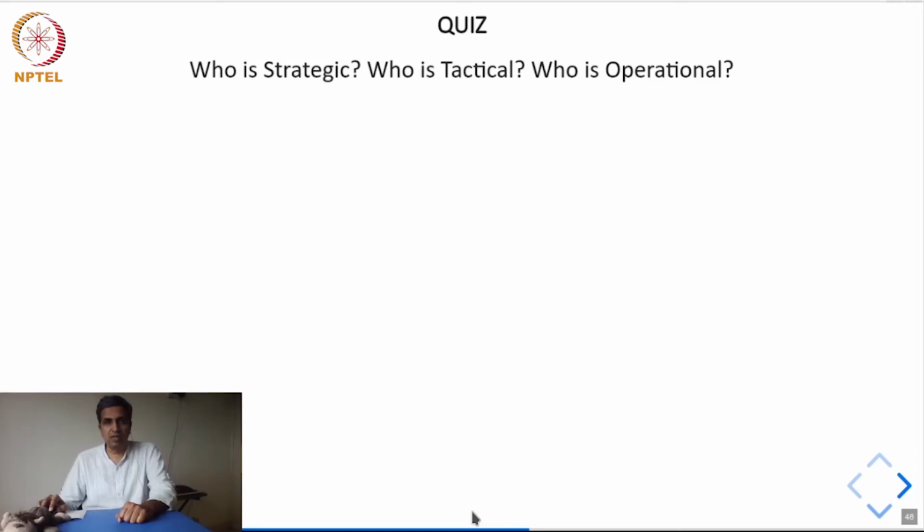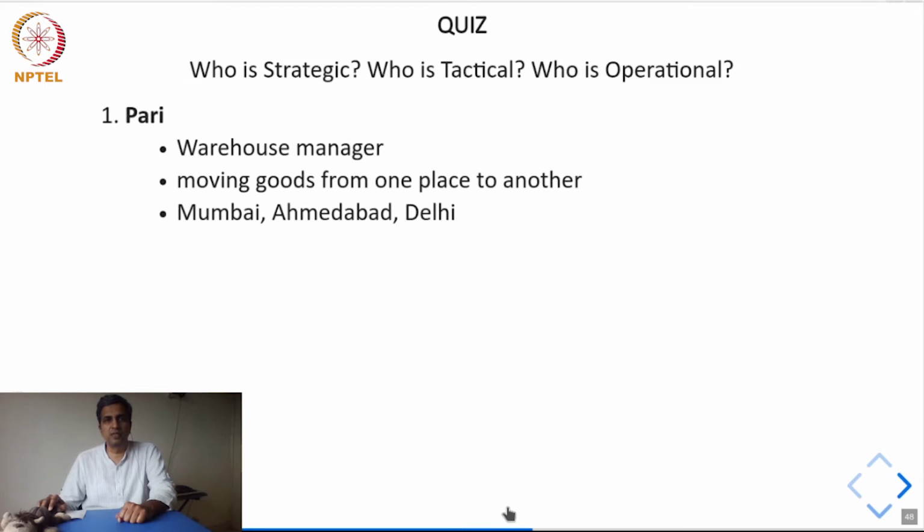Okay, let's go over to the first character. This person is Pari. She is a warehouse manager. She is responsible mainly, and her activities revolve around, moving goods from one place to another. This is her main responsibility. She carries out these activities in three cities in India: Mumbai, Ahmedabad, and Delhi.